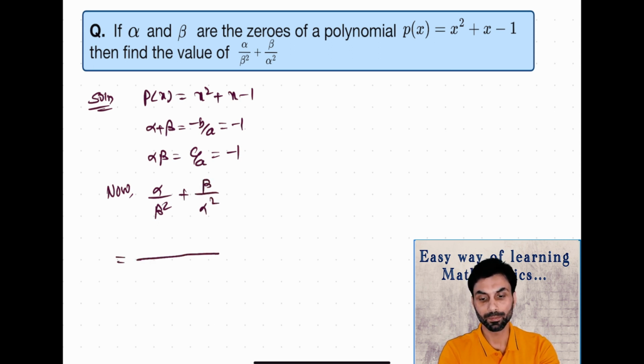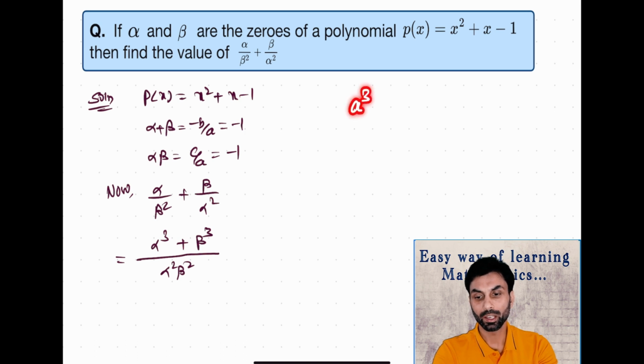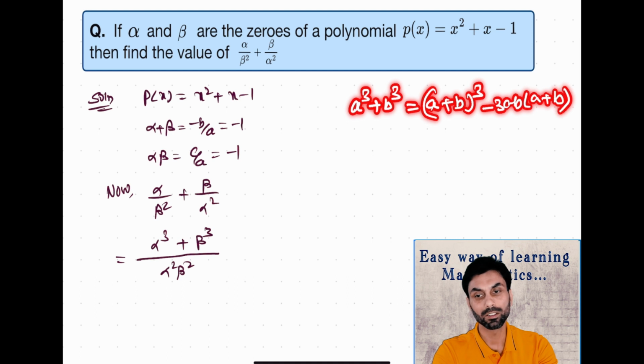When we take LCM, it will be alpha square beta square, and the numerator will become alpha cube plus beta cube. Now we know the identity that a cube plus b cube can be written as a plus b whole cube minus 3ab into a plus b.